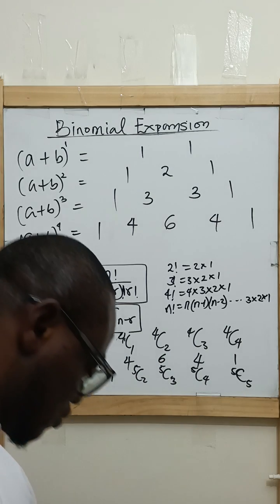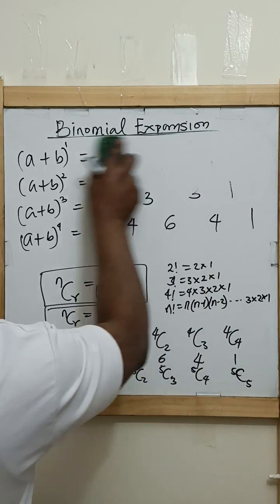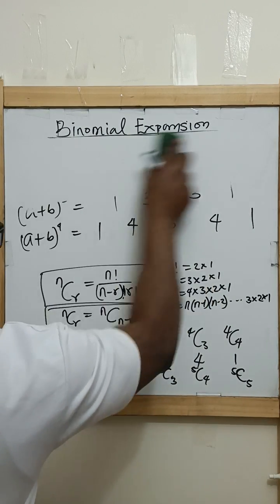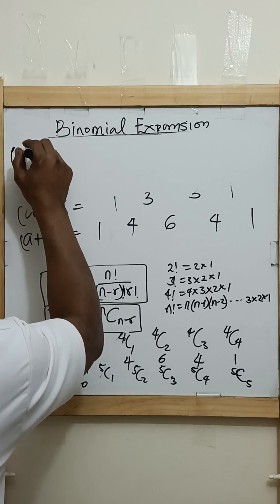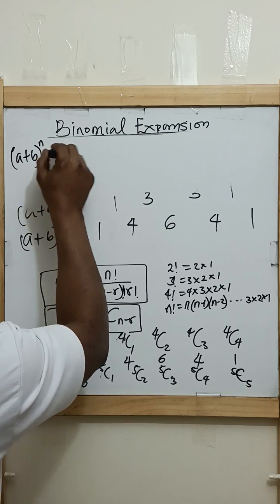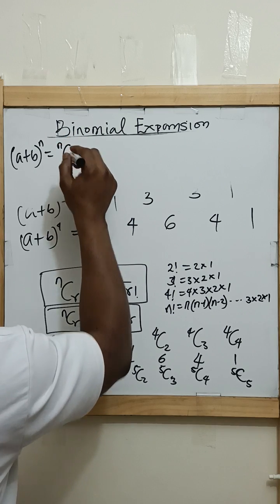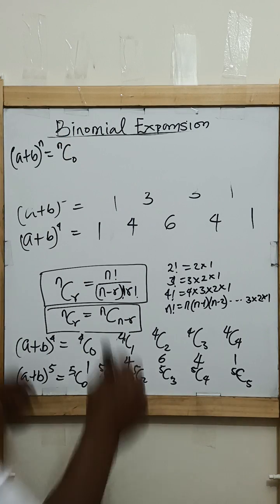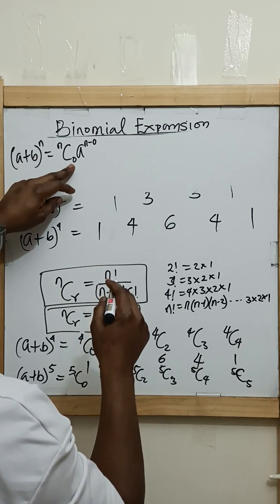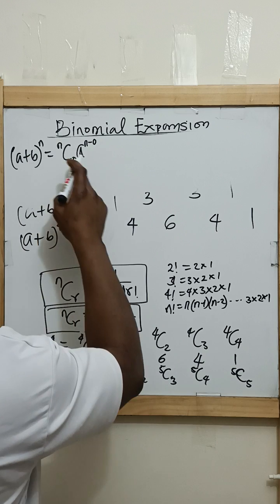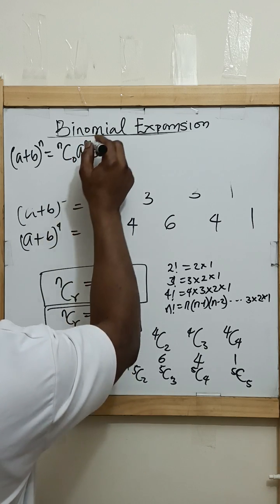Now if we want to get the general expansion of (a + b) raised to power n, the first term is nC0, that's a raised to power (n minus 0), which is of course a raised to power n, and b raised to power 0.